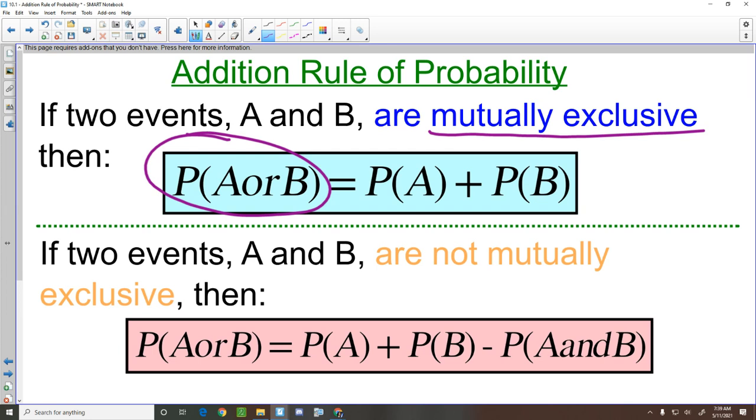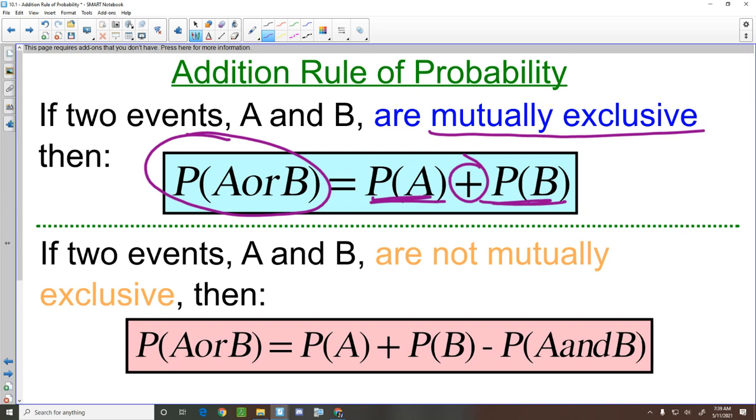Those are mutually exclusive because I can't do both at the same time. And the way I'd calculate that probability is I'd calculate them both separately and then add them up. So I'd figure out, well, what's the probability of rolling a 2? Figure that probability out. Then find the probability of rolling a 3, calculate that one.